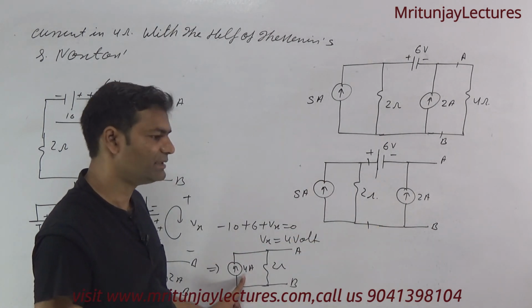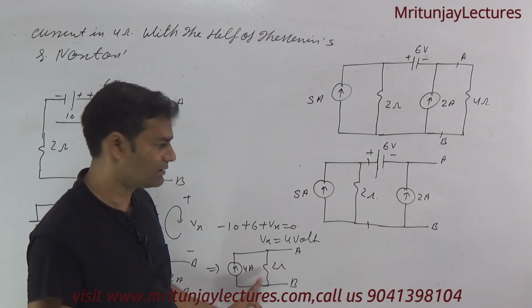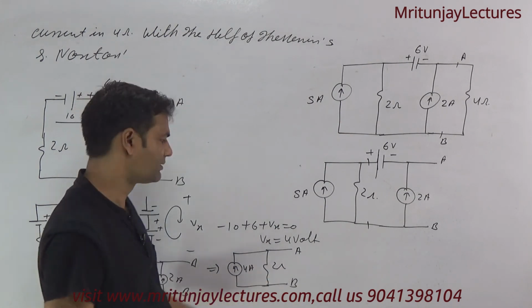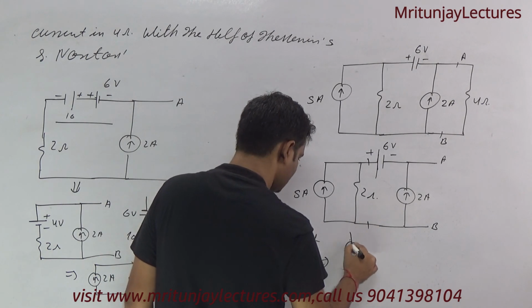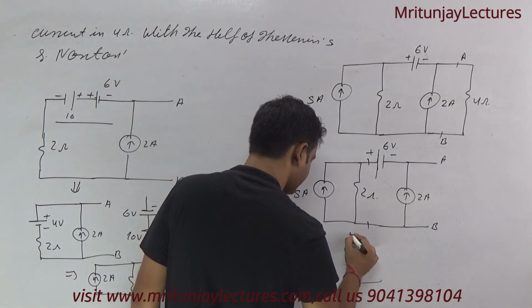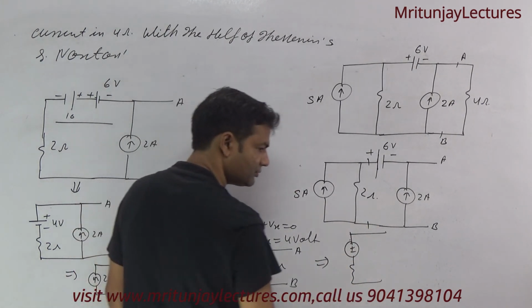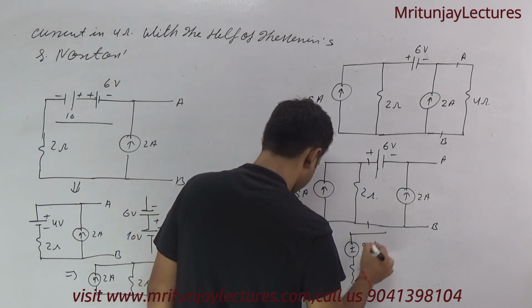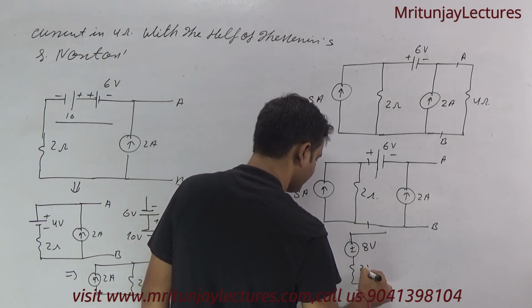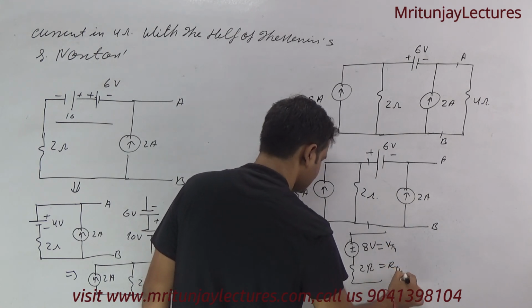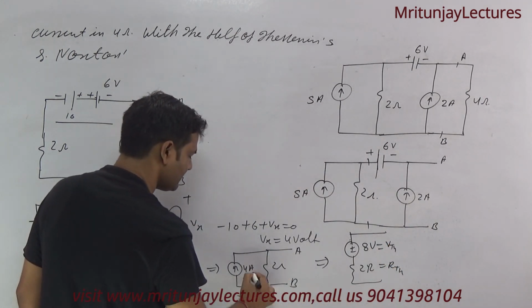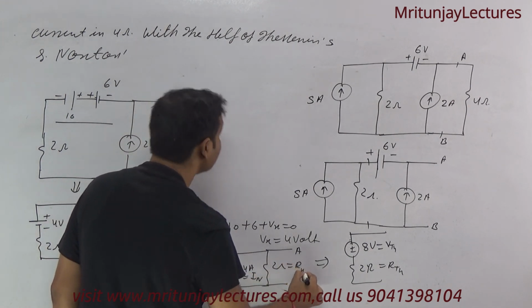It means this one is IN, current source, and that is RN. If this one is converted with the help of source transformation, again 4 into 2, that is 8 volt, and that is 2 ohm. This is VTH and that is RTH, and that is IN, and that is RN.